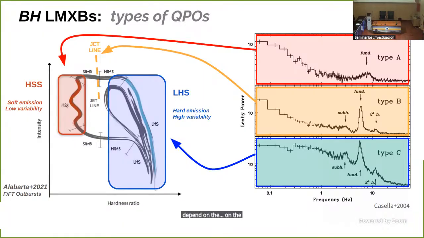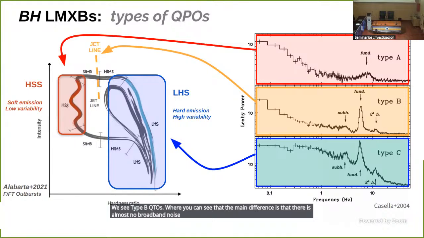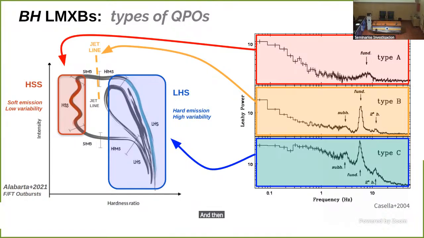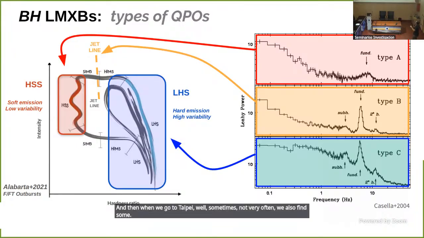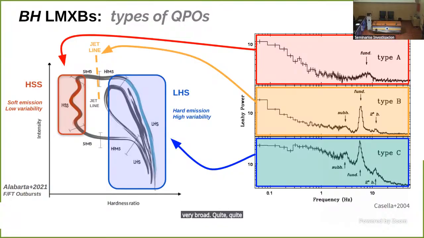So when we are in the low-hard state and the intermediate state, we tend to see the so-called type C QPOs. When we go into the transition, we see type B QPOs, where the main difference is that there is almost no broadband noise accompanying this narrow QPO, contrary to type C. And then when we go to type A, sometimes, not very often, we also find some quite broad QPOs, the so-called type A QPOs.